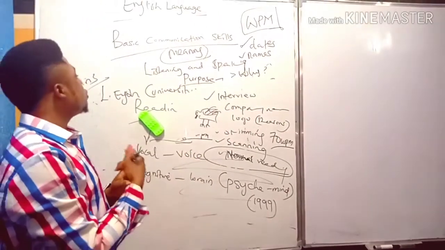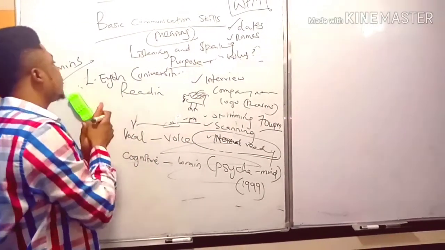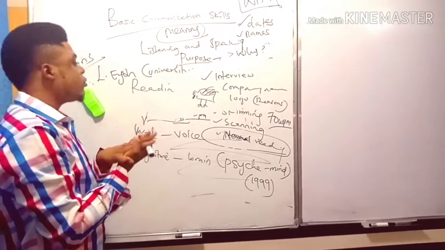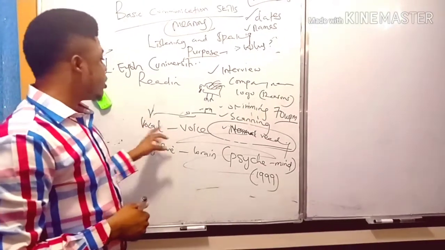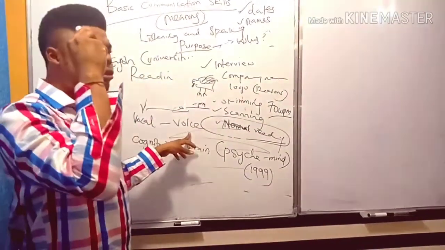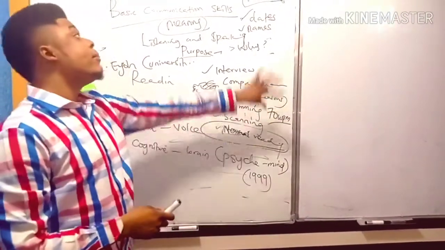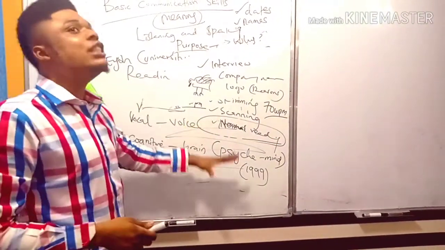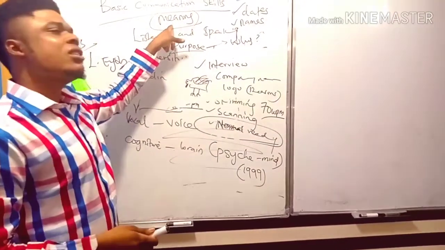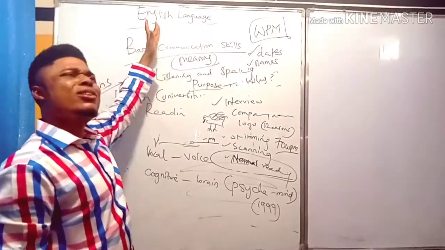So we've talked about reading. We've said that it is vocal, it involves the voice, and it also involves the brain. That means it's cognitive, it involves the mind, and the major point of reading is meaning, which is also the major point of communication. Why are we learning all of these things?